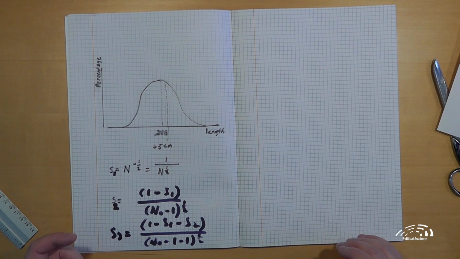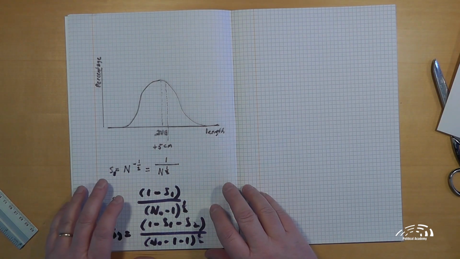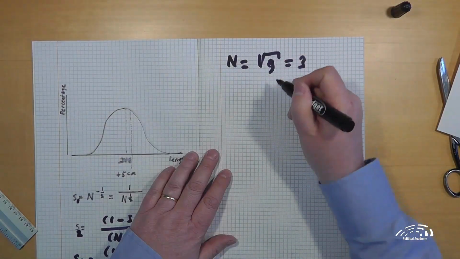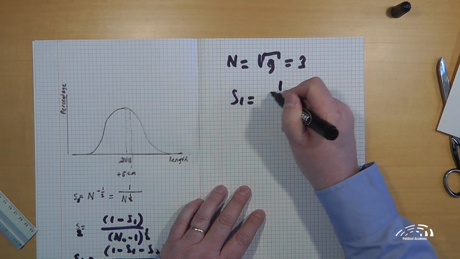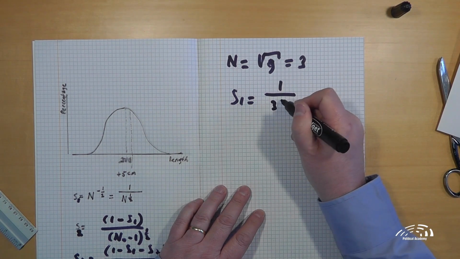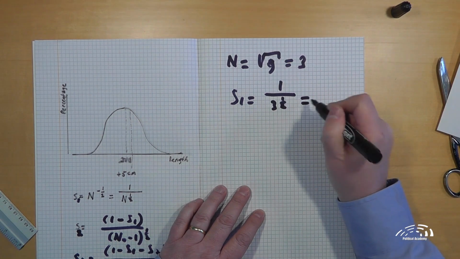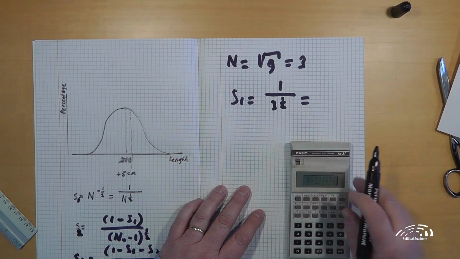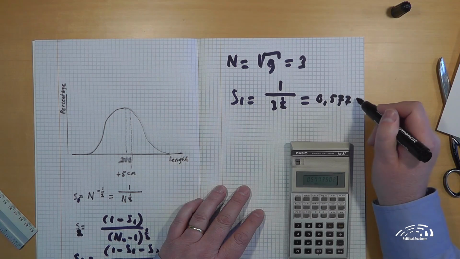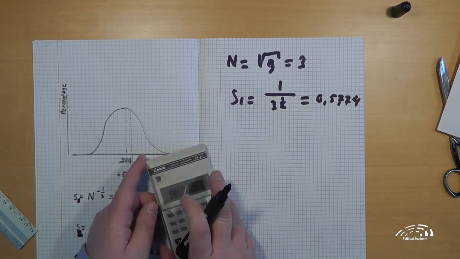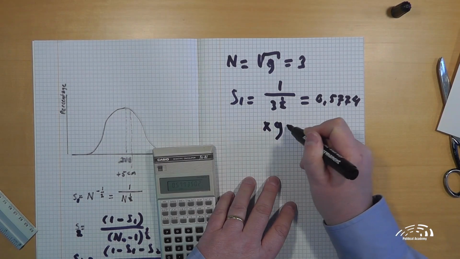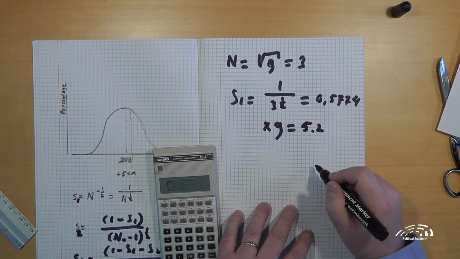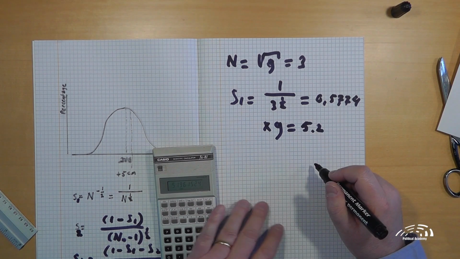We can do this example with the 9 seats from the beginning. We will expect the square root of 9, which is 3 parties, to have at least 1 seat. The share of party 1 is 0.5774, which means times 9 seats, 5.2 seats.